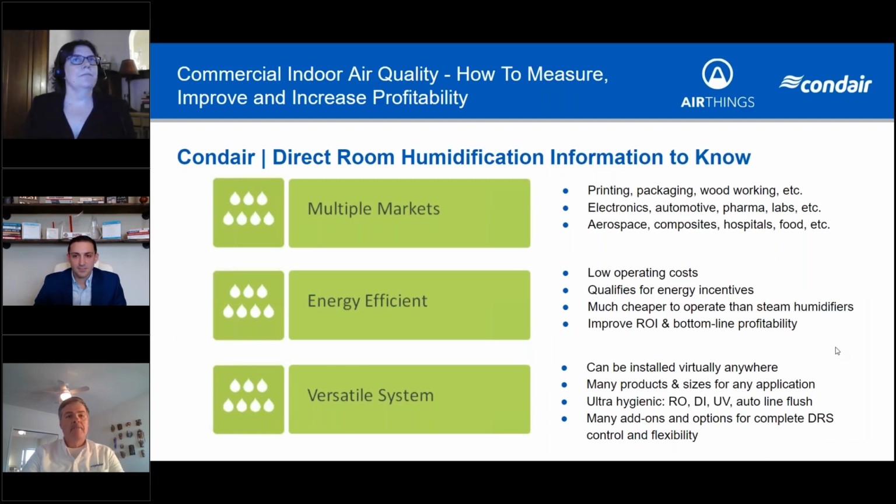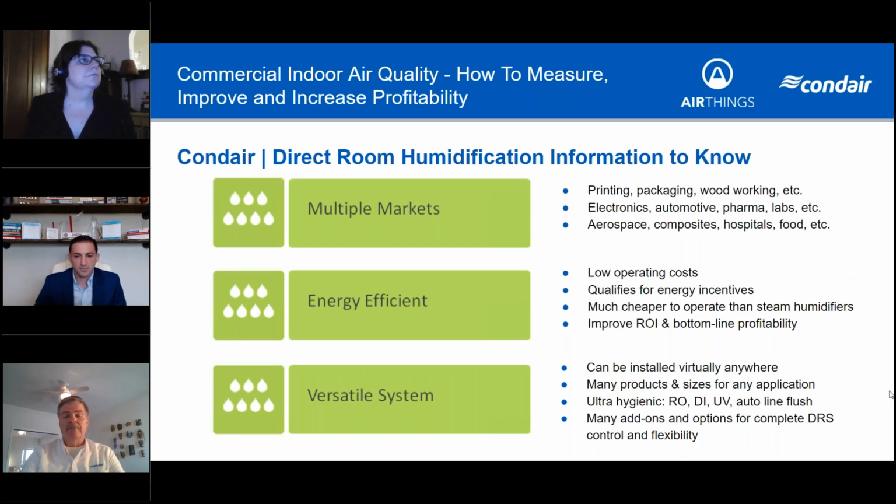Here, we've got a quick overview of the direct room humidification system, some things you need to know. If you're already familiar with a traditional isothermal humidification system, this is a completely different technology, but it can be used in the same applications. Obviously, there are reasons why we would use direct room humidification.